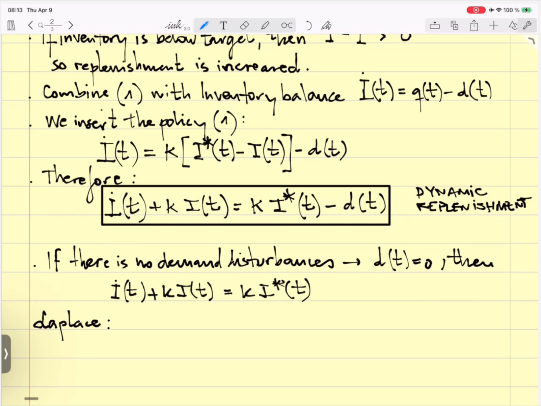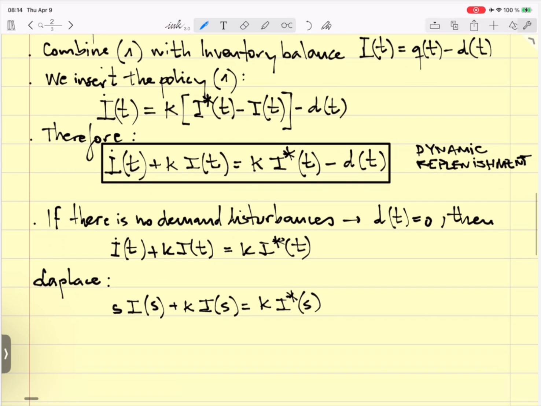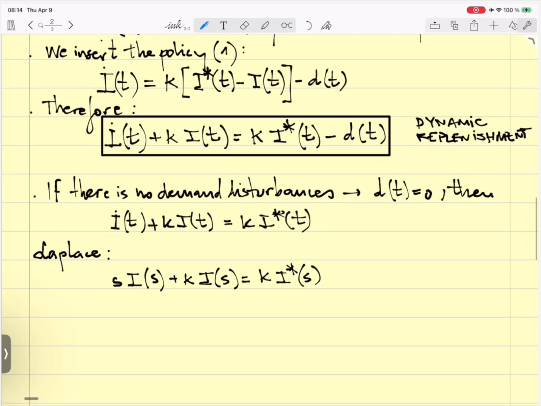Laplace transform tells us this is Si of S plus Ki of S equals Ki target of S. This is with 0 initial conditions.